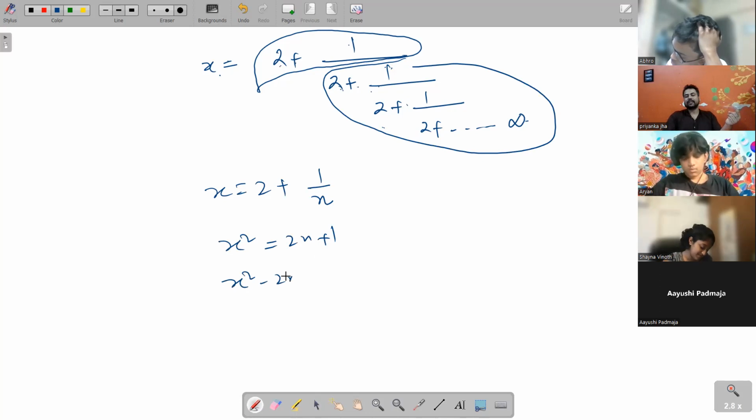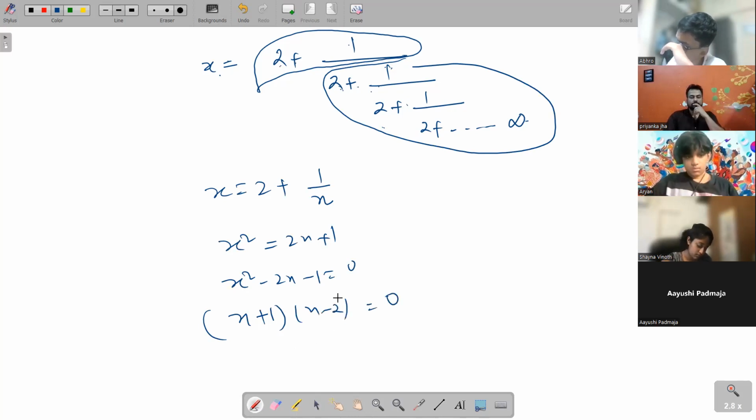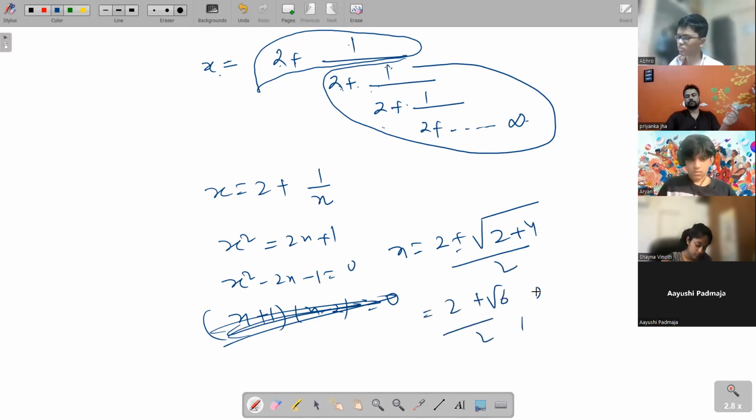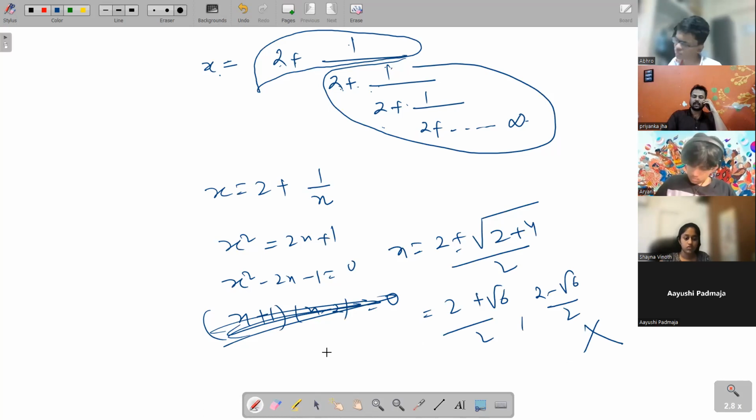You just have to identify the term. Use minus b plus minus under root b squared minus 4ac. So we get 2 plus root 6 by 2 and 2 minus root 6 by 2. This is not possible, so it's the first one, 2 plus root 6 by 2.